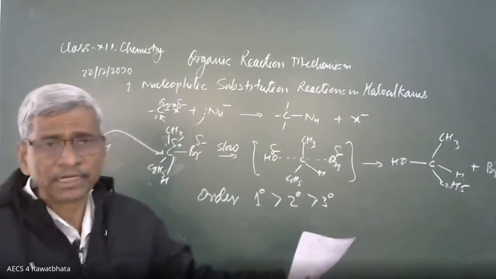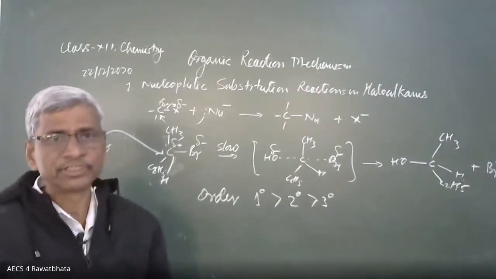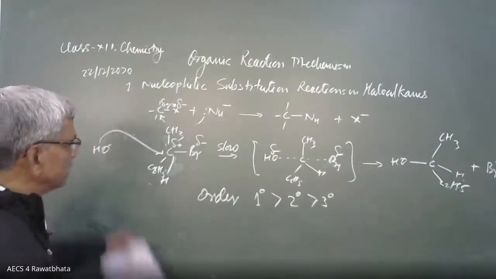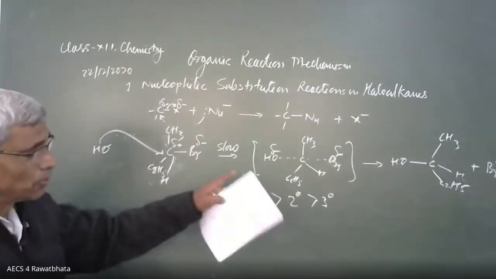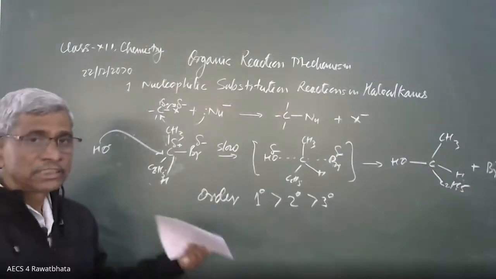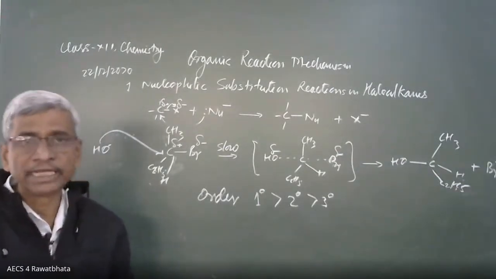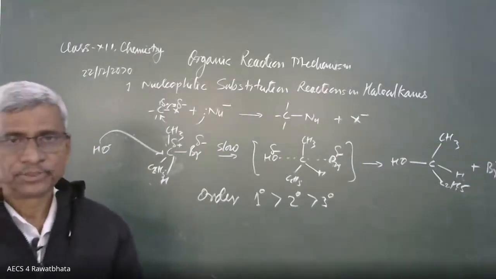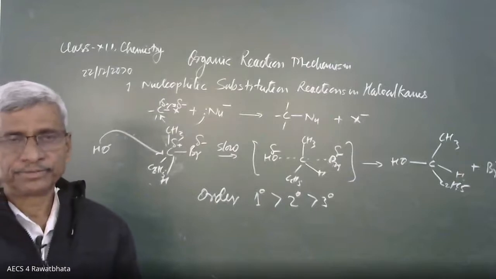Or if it is optically active, then its optical rotation will be similar to the haloalkane. No inversion there. So in this case, we get a mixture of compounds. We get a product as an inversion product, or its optical rotation may be similar to the haloalkane if it follows the SN1 mechanism. So this is the difference between SN1 and SN2. Okay, beta?